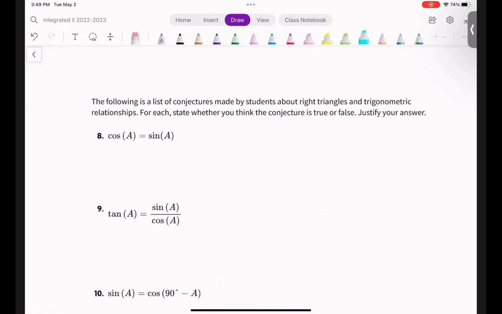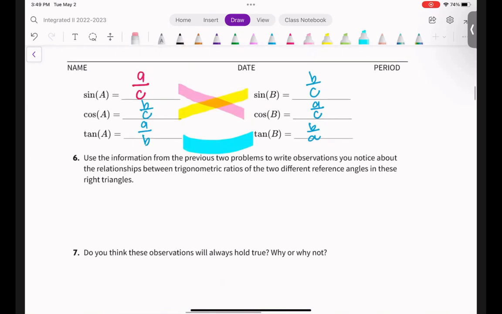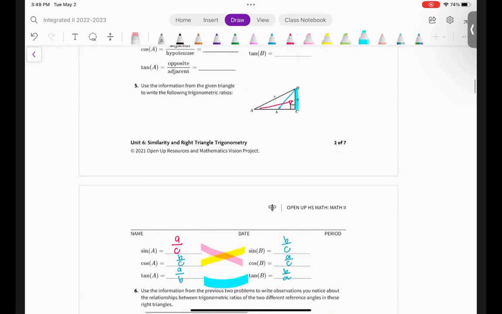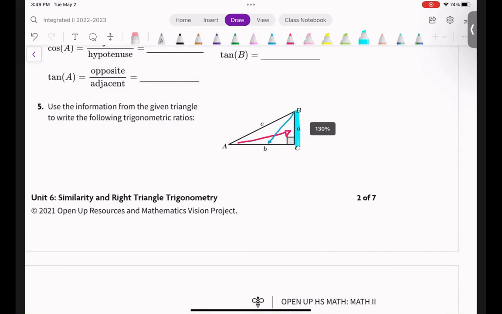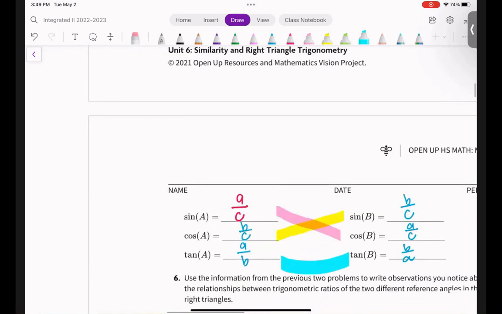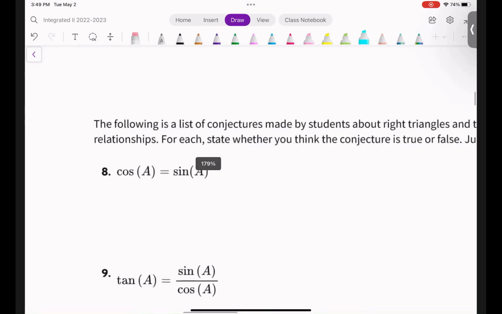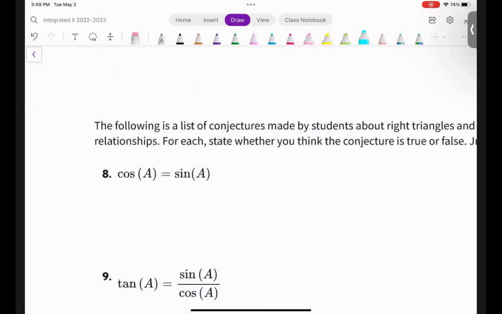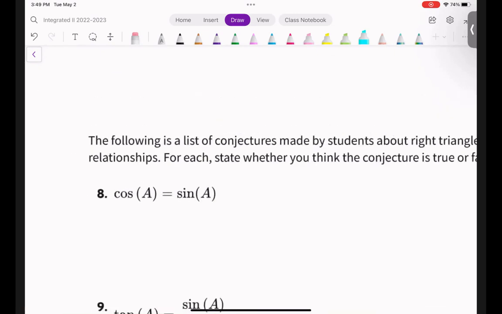For some of this, it doesn't make sense because these two numbers are different. And if you look at your answers over here, that one's opposite is not the same. So I will say this is false most of the time. I'm going to let you guys think about when would it be the same?